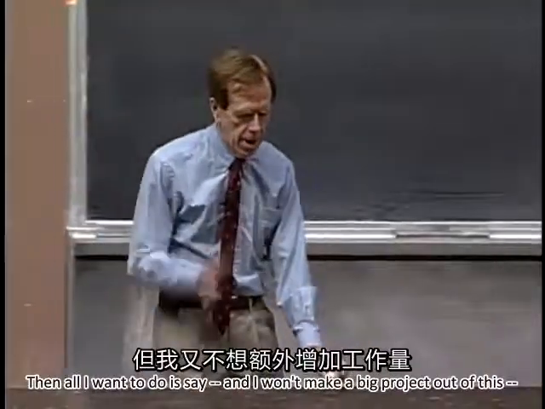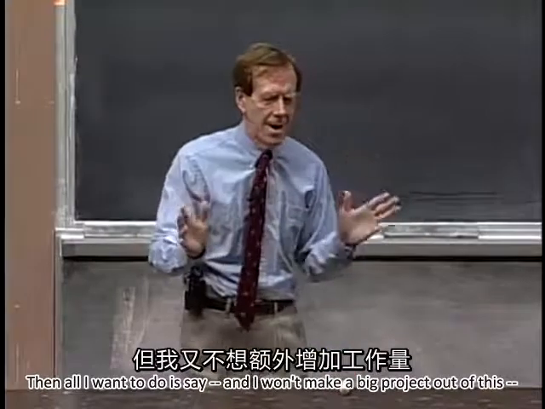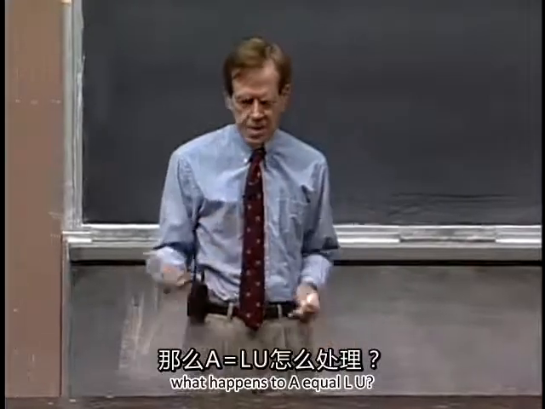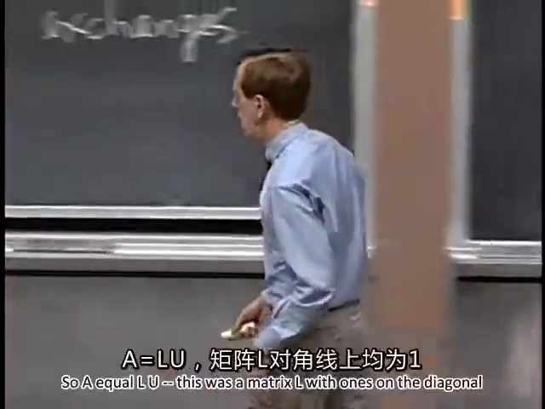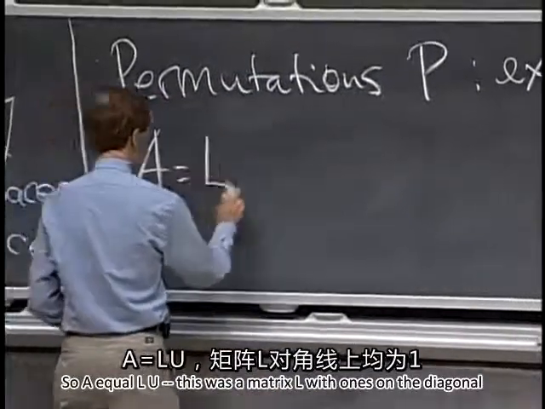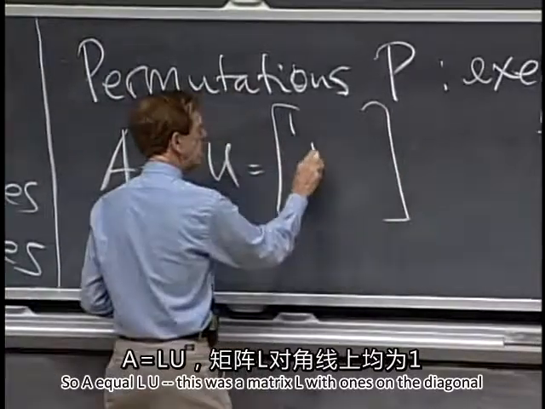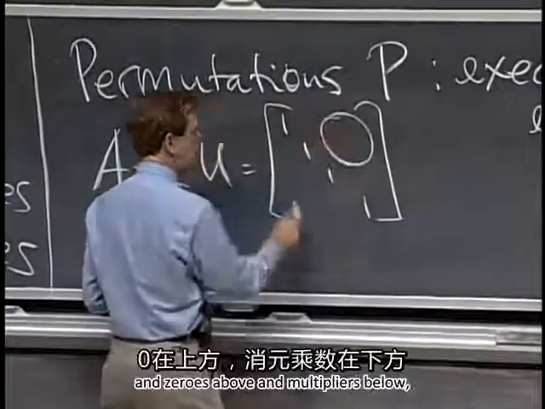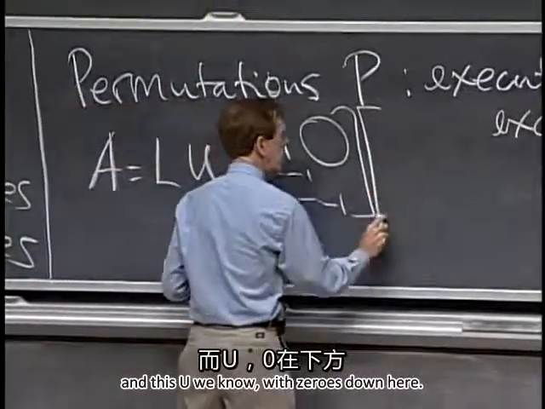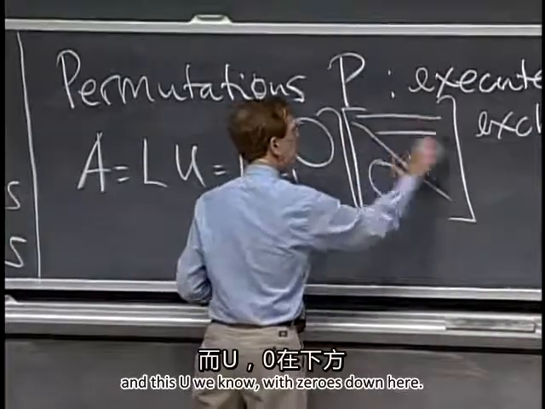Okay. Then all I want to do is say, and I won't make a big project out of this, what happens to A equal LU? So A equal LU, this was a matrix L with 1s on the diagonal and 0s above and multipliers below, and this U we know, with 0s down here.